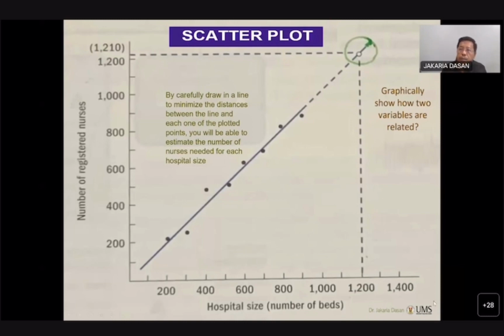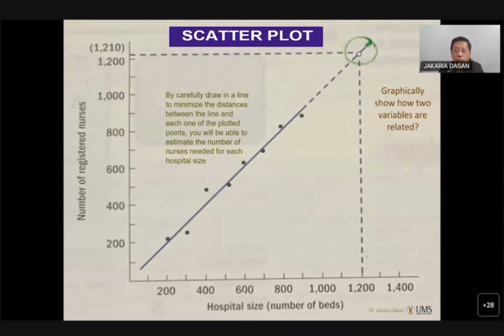The situation is the hospital wants to build a new building, which means additional beds need to be put in the building, and there should be additional workers, employees, or nurses. When we say beds in the hospital, it is about patients. So how many nurses should this organization or hospital employ if they extend the building?